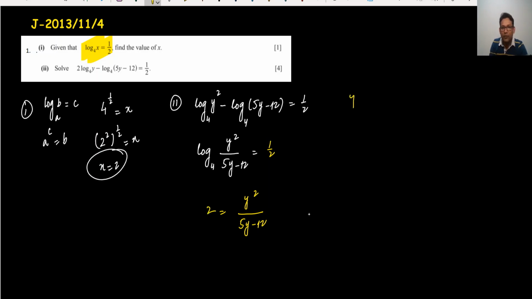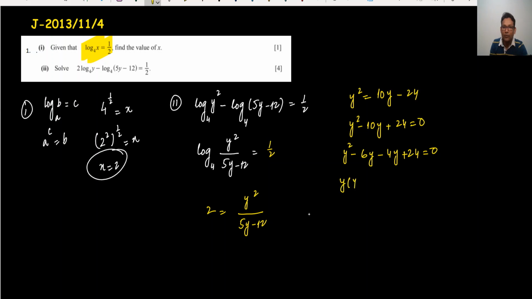So y squared is equal to, when we multiply, 10y minus 24. Y squared minus 10y plus 24 equals 0. Now we need to make the factors: multiply to get 24 and add to get 10. So the factors are, I think, 6 and 4. 6 times 4 is 24, and 6 plus 4 is 10.